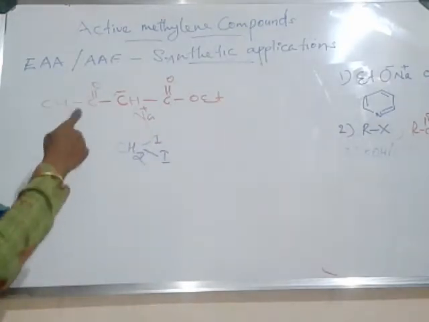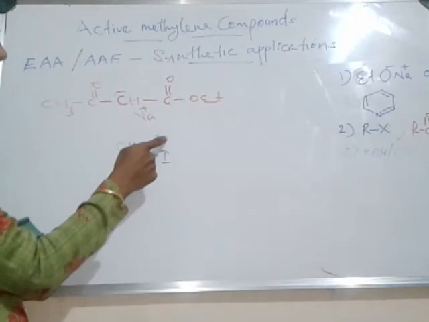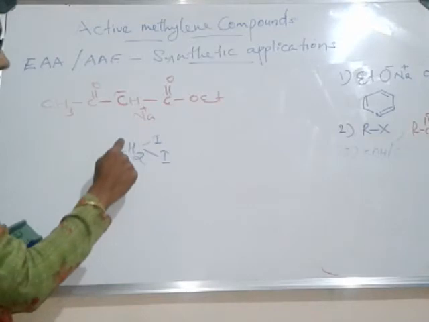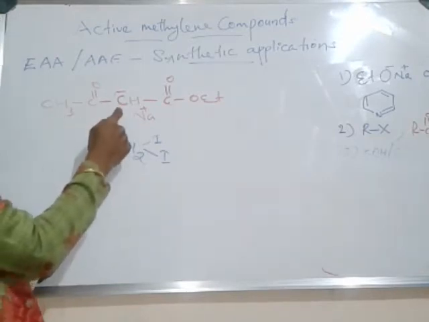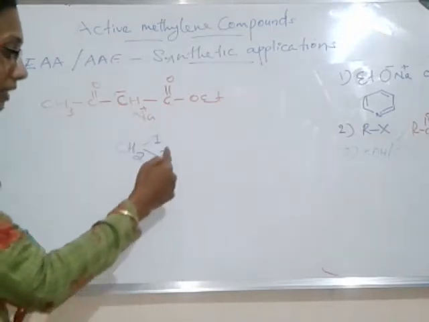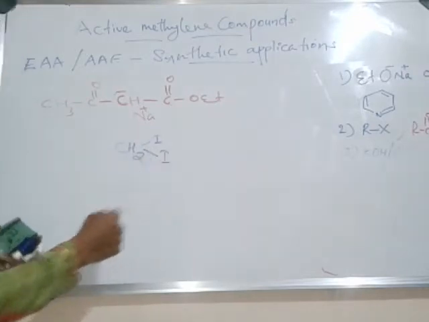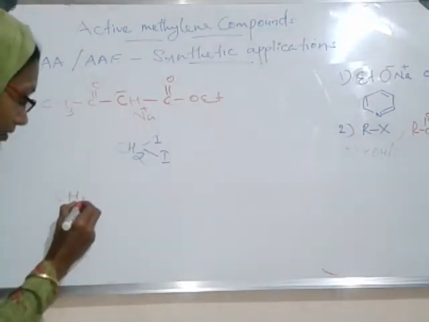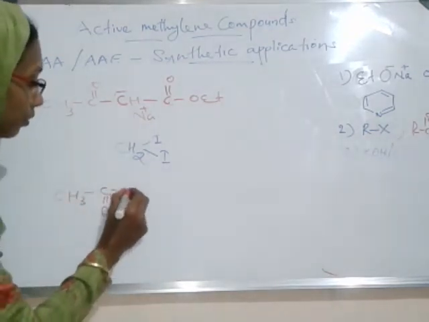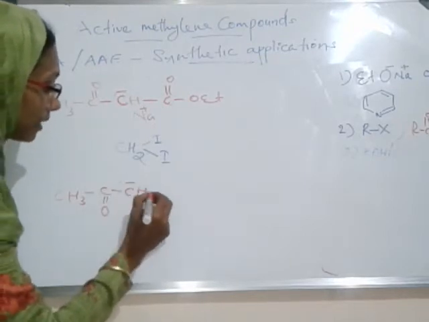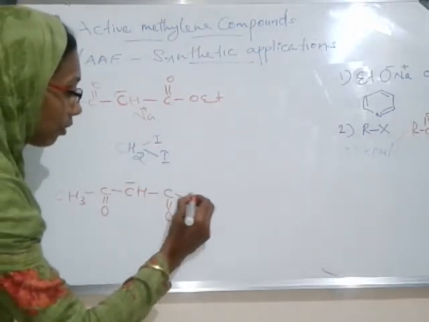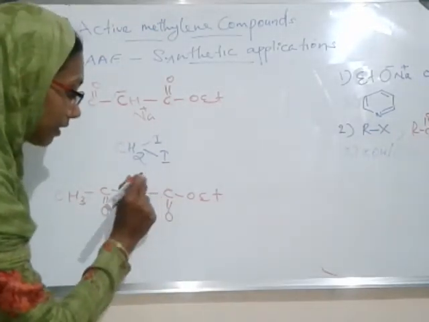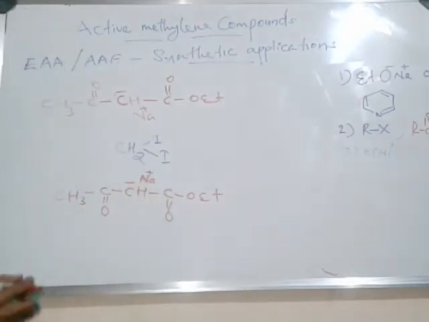That is, the first molecule reacts with one of the iodines and forms a sodium iodide molecule and forms a bond with this carbon, and the next enolate reacts with the other iodine and forms a second bond with the second molecule. That is CH3-C(=O)-CH(-)-C(=O)-OEt, and here there is a counter ion Na+.